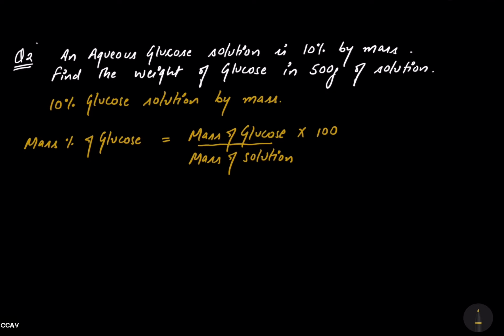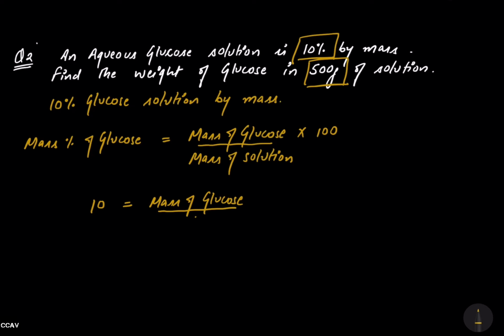So let us now put the values given in the question into the formula. First of all, what's the mass percentage of glucose? It is 10%. I have to evaluate the mass of glucose. The mass of glucose divided by, what's the mass of solution given here?